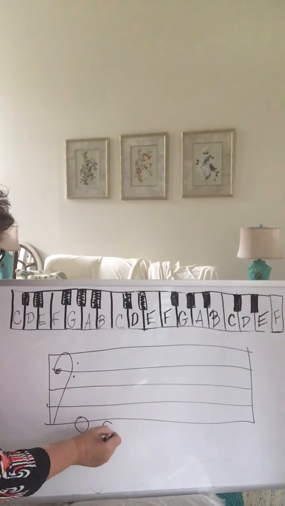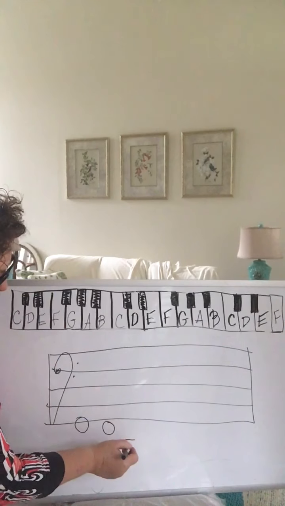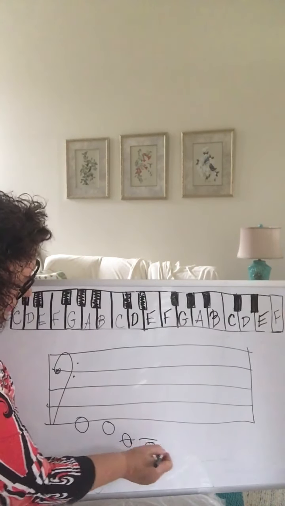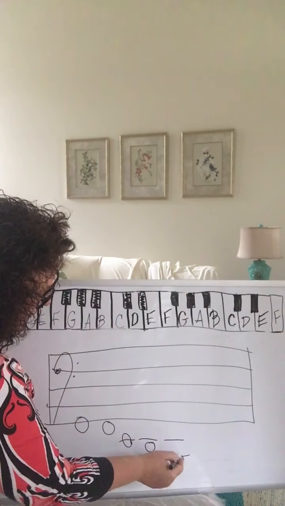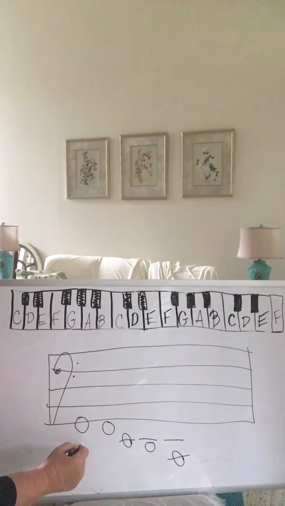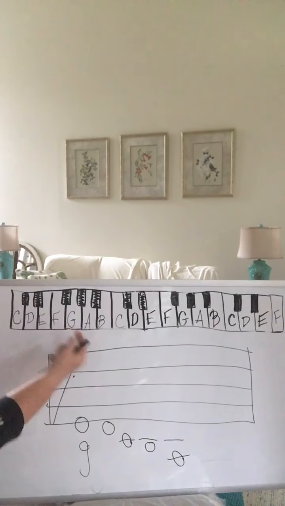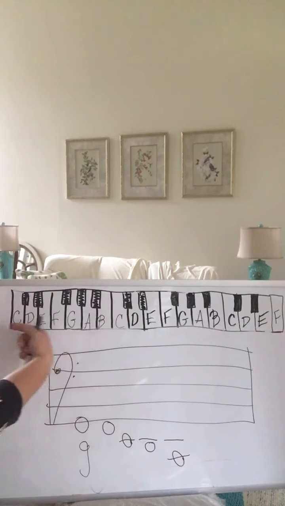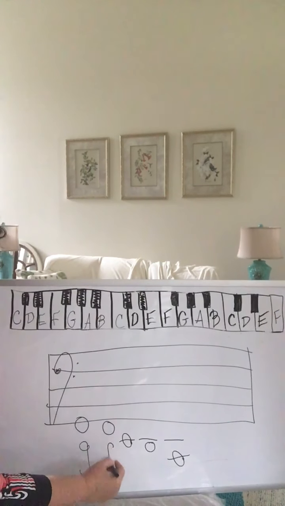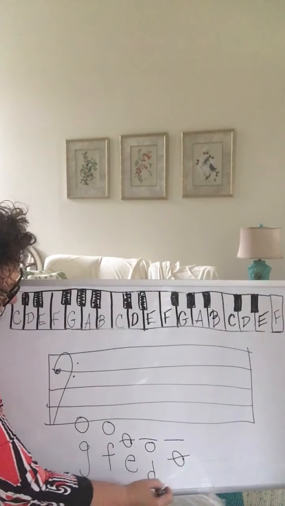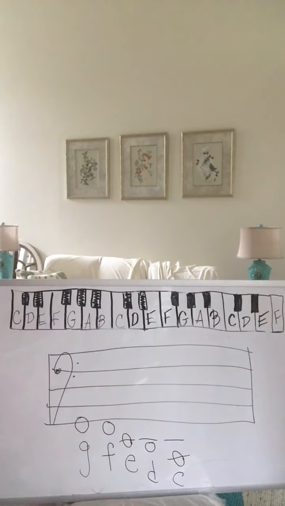So if we draw a space, then our first line, then our line with the note under it, and then our two lines. This is our G. We're going backwards. So when you're going down, you're always going backwards. That's your F, your E, your D, and your C. Okay, and those are the ones we did last week. So you should be getting pretty good at those by now.